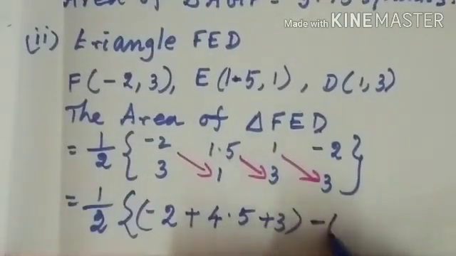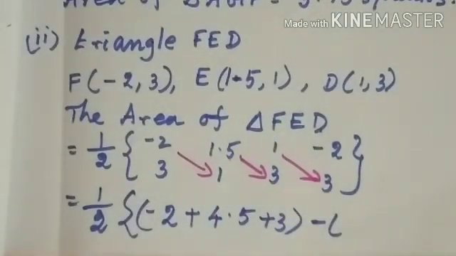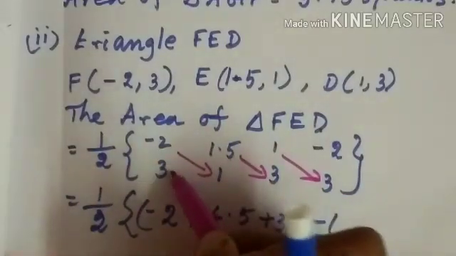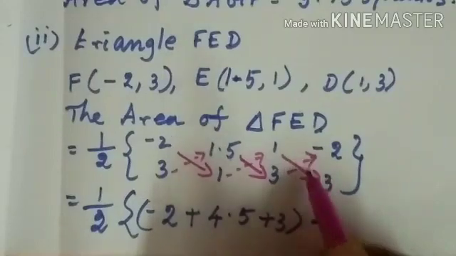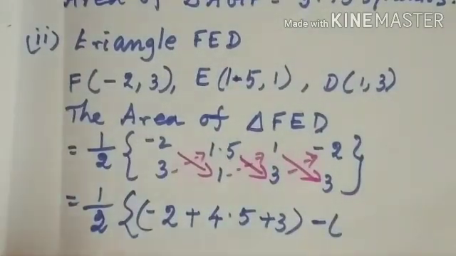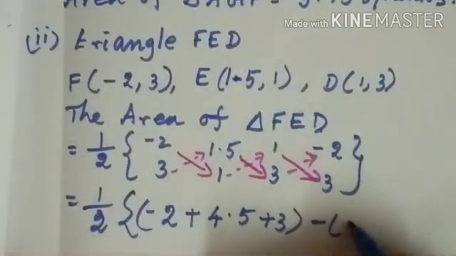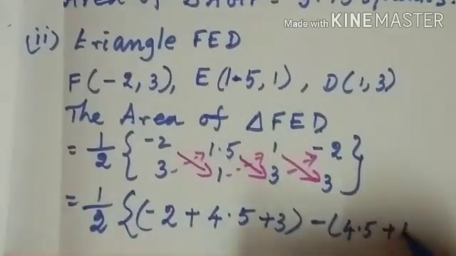Then minus of, now you have to multiply from bottom to top. Then we get 3 into 1.5, 4.5, 1 into 1 plus 1, 3 into minus 2 minus 6.